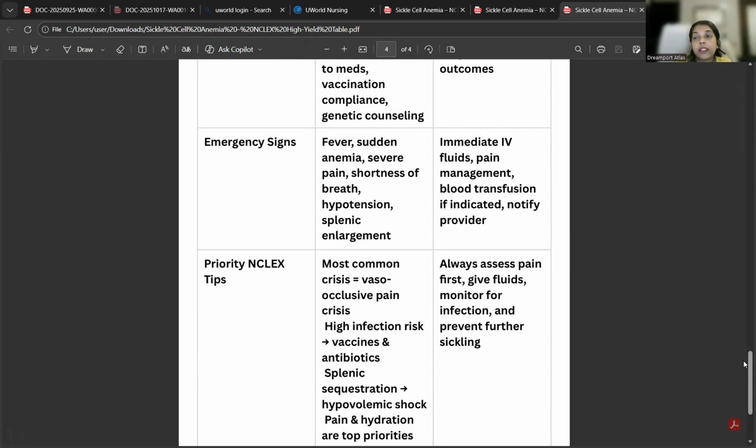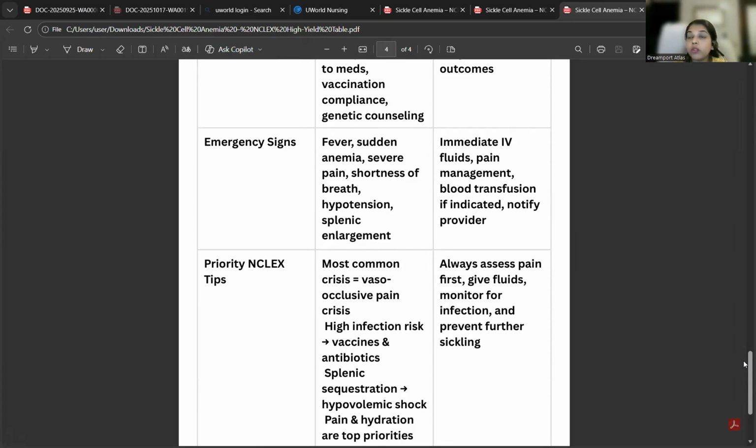In NCLEX focus or priority care, first we have to look at the pain. That means we have to assess the severity of the pain. Second, to maintain the hydration status, the client needs adequate intake of water. If the client is hospitalized, we need to administer IV fluids.